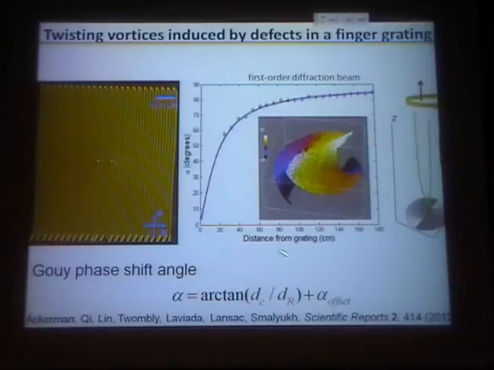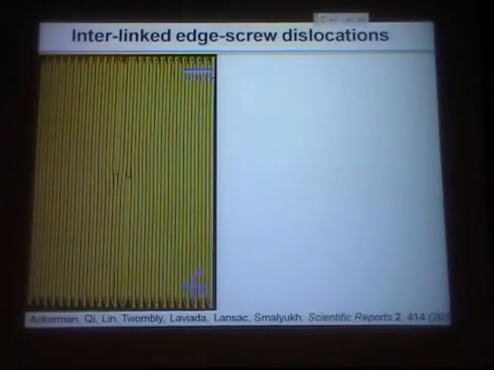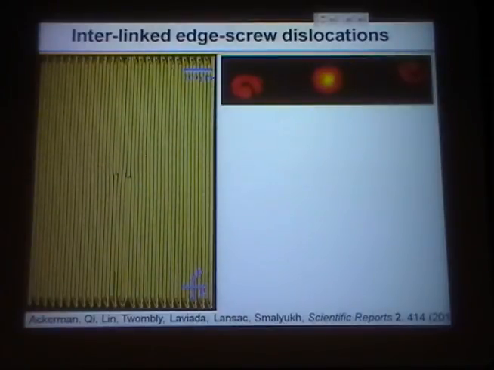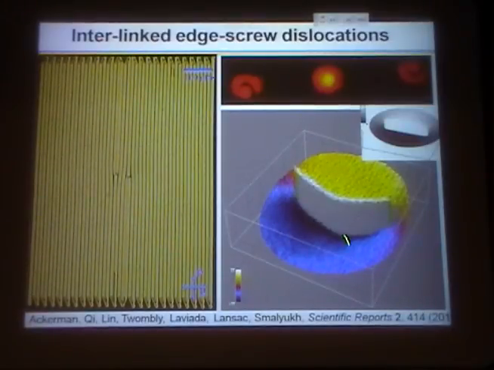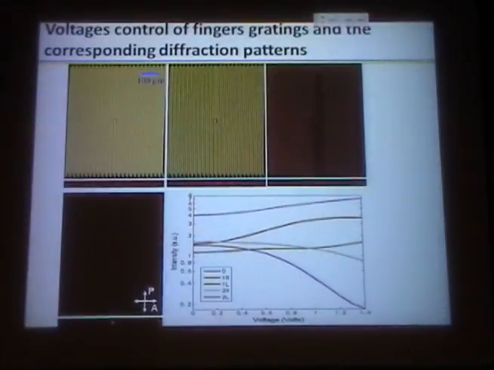The theoretical prediction predicts dependence of the angle of the twisting between the optical vortices as a function of distance from the diffraction grating, and indeed we observe this in experiments. Another type of defects, in this case, allows us to generate interlinked screw dislocations in optical vortices, and you can see the phase profile corresponding to them in here.